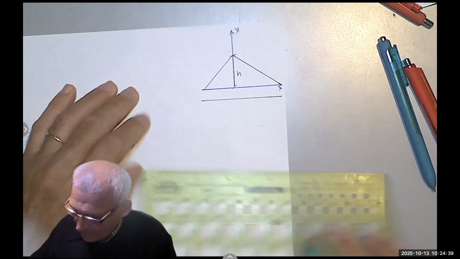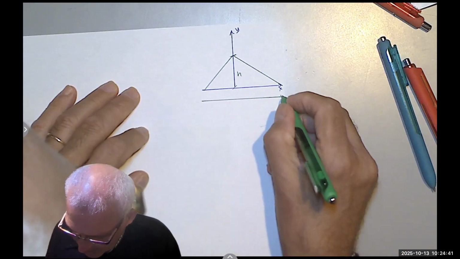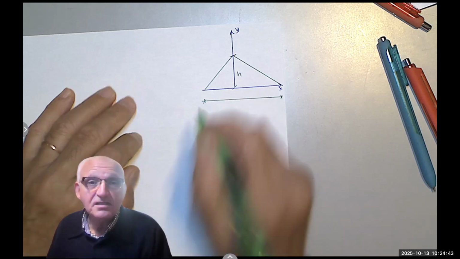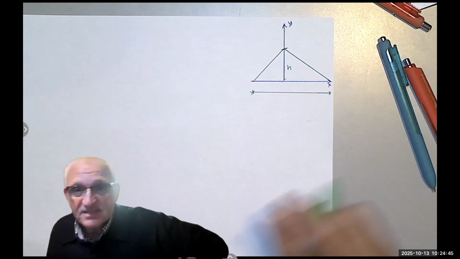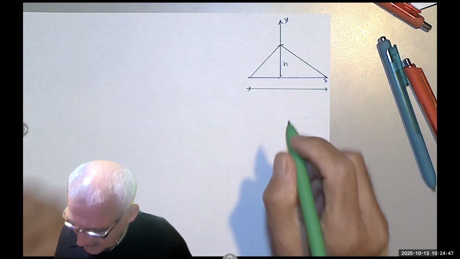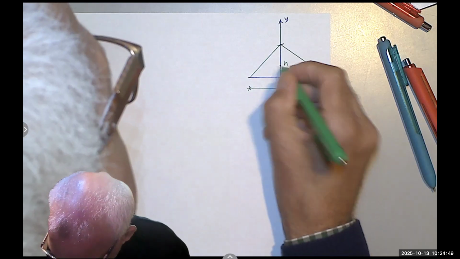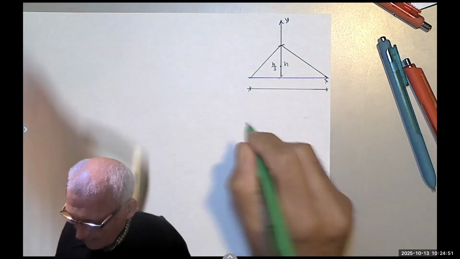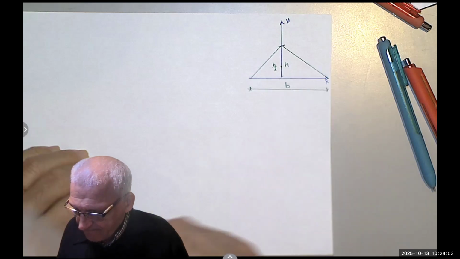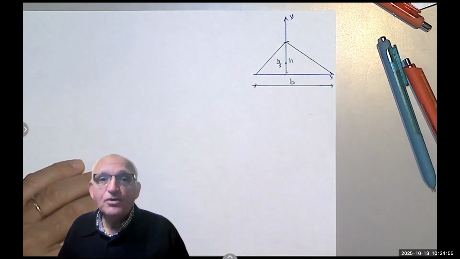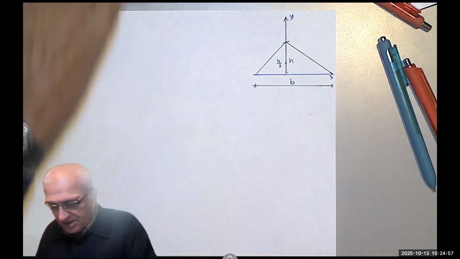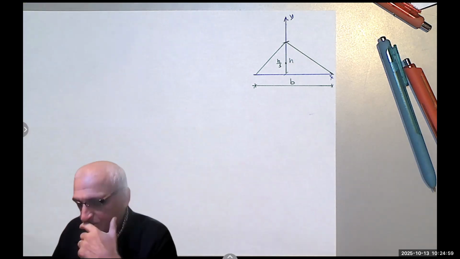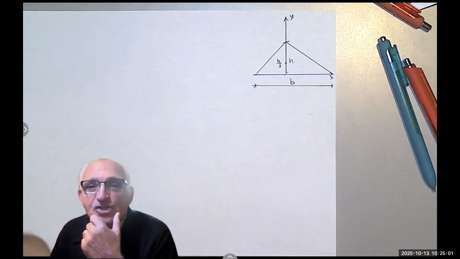You should know from the work we did for the centroids in the engineering statics course that the centroid lies at the height of h over 3. And we want to find the moment of inertia here. It might not be easy.